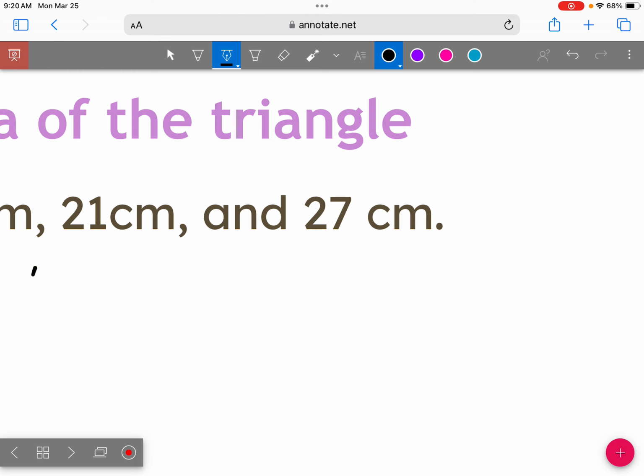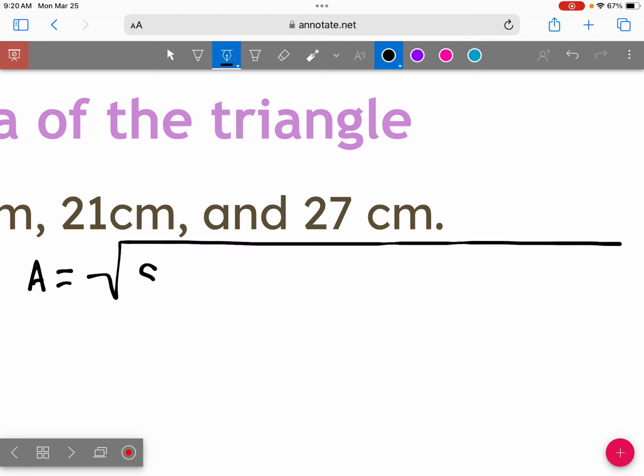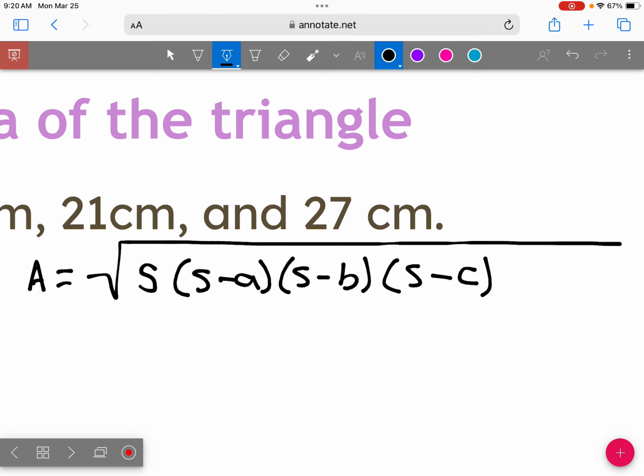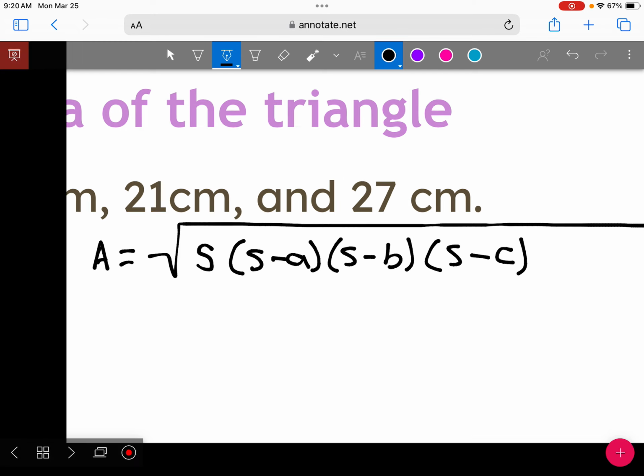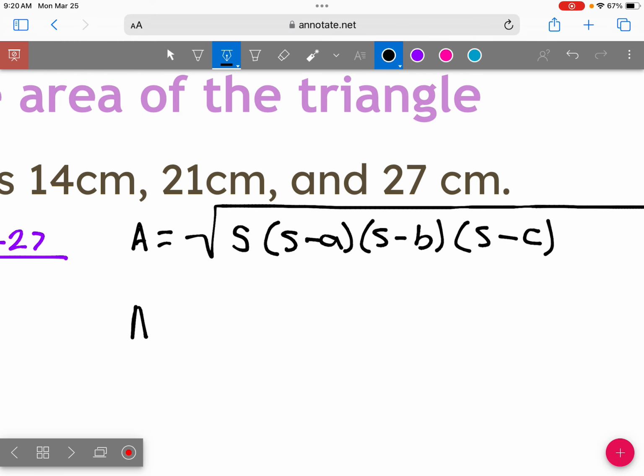Then we're going to take our Heron's formula. Our area is the square root of S times S minus A times S minus B times S minus C. And we're going to substitute all the pieces in that we have. So our area is the square root of our 31.